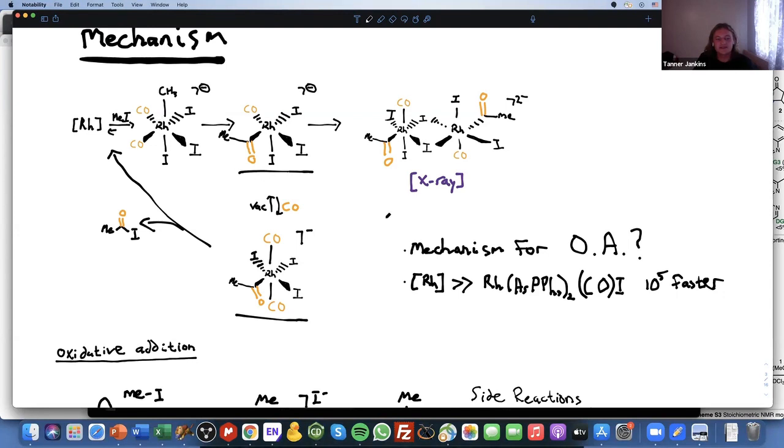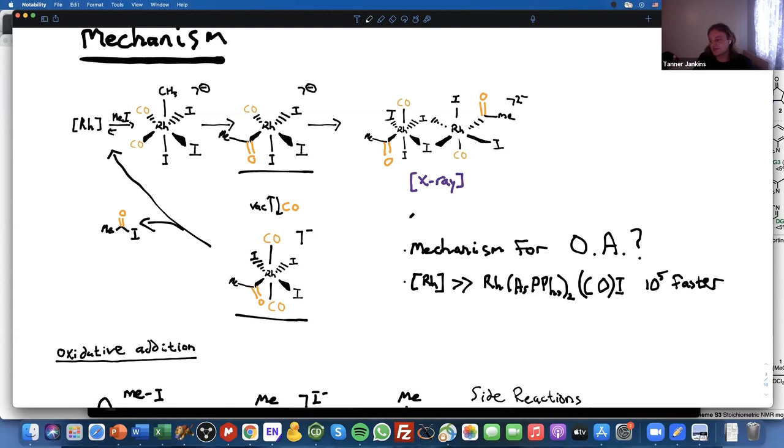Perfect. As I've been hinting at, we have an anionic metal center that's relatively unencumbered, as well as an electrophile, which is a pretty good electrophile for SN2 type oxidative addition.